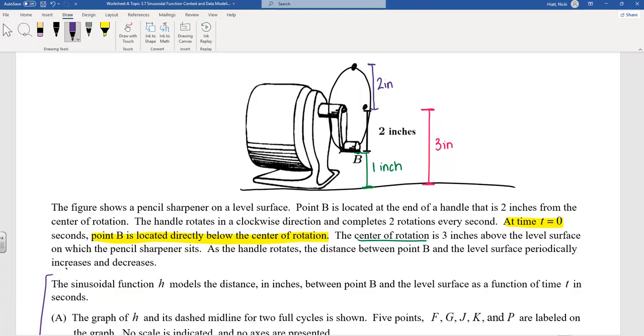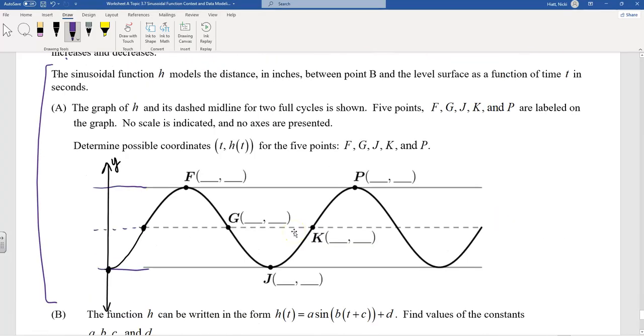So all of these are measured in the distance from the surface, right? The lowest is at 1. The middle is at 3. What's the highest that we go? 5, right? So 1, 3, and 5, that means my x-axis needs to be down here below any of these.